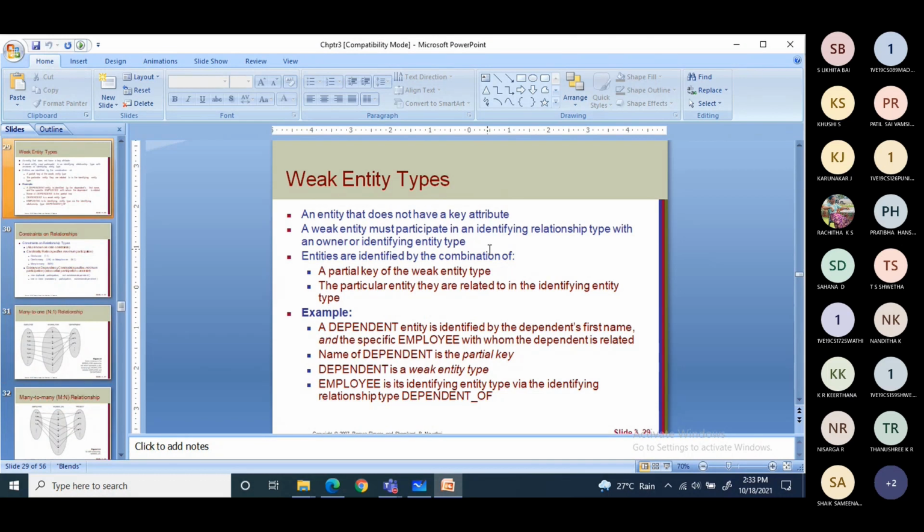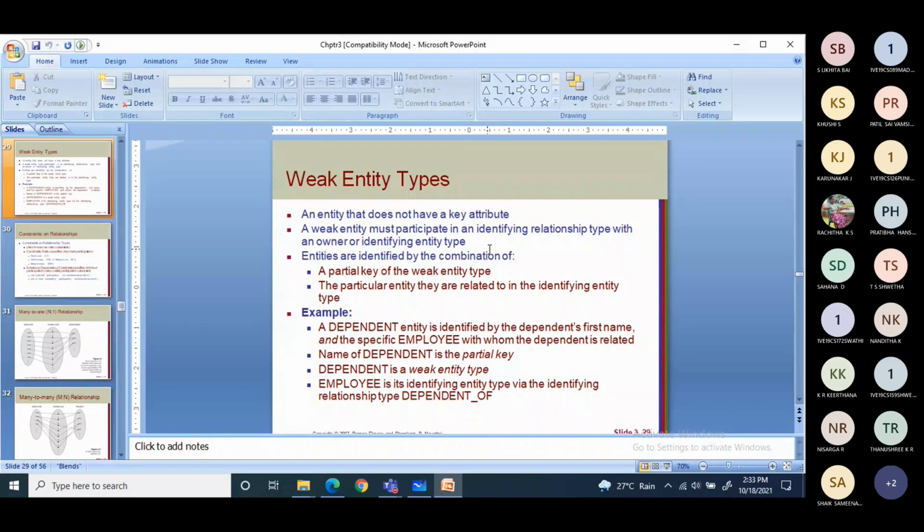So next is weak entity. Weak entity means there is no key. What do you mean by key? Key attribute means it is a unique attribute or unique value. Any entity that does not have a key attribute, such an entity we call a weak entity.